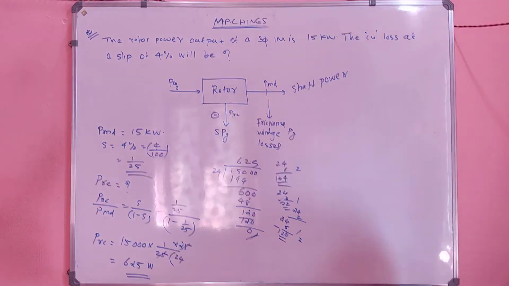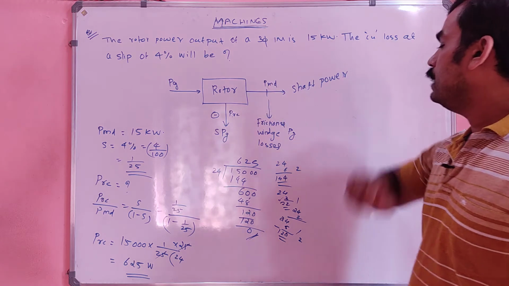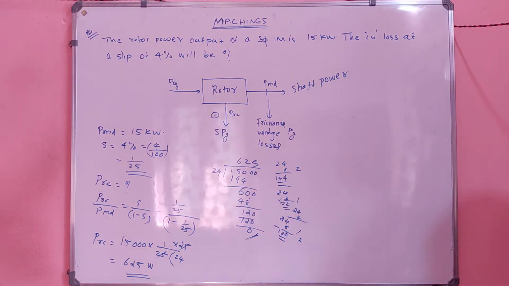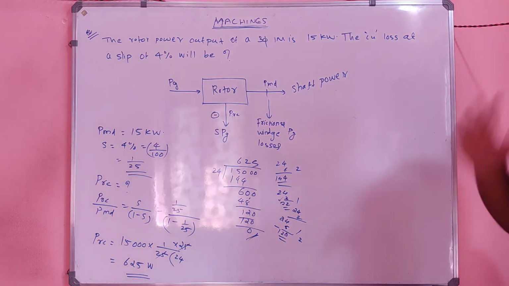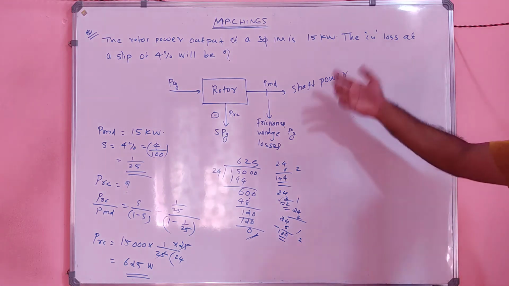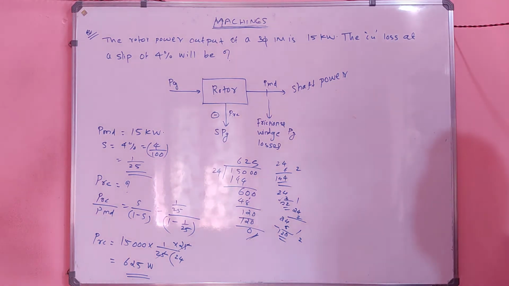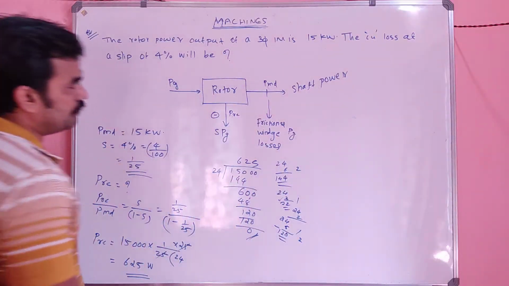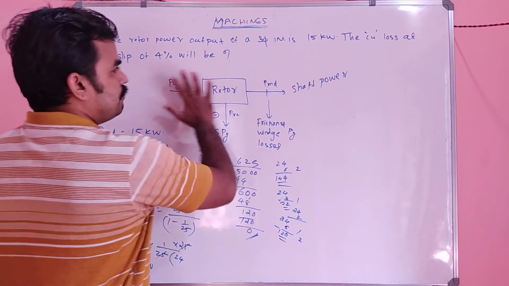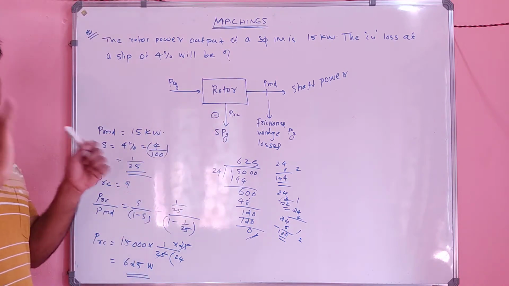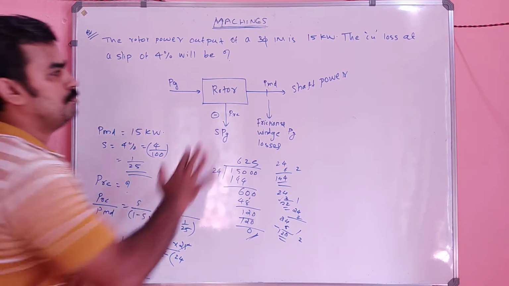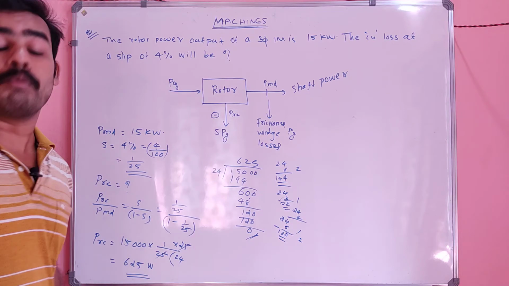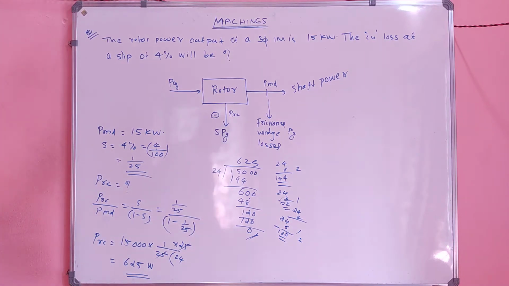The rotor power output of a 3-phase induction motor is 15 kilowatt, meaning this PMD is the rotor power output. Rotor output is nothing but PMD. Shaft power is different from the rotor power output. This picture should always be in your mind, then only problems can be solved easily.